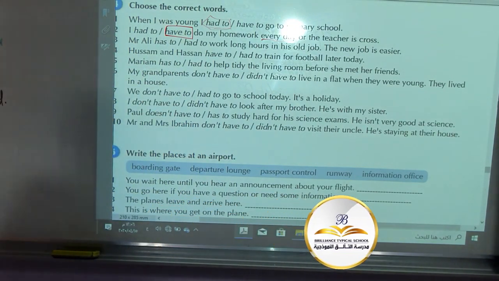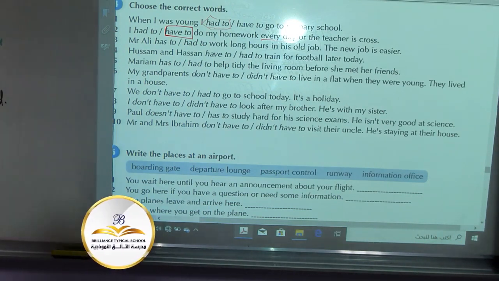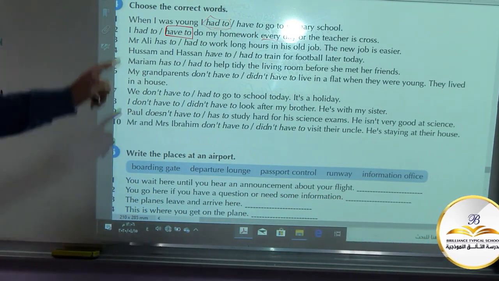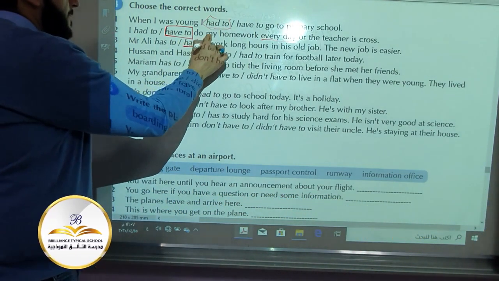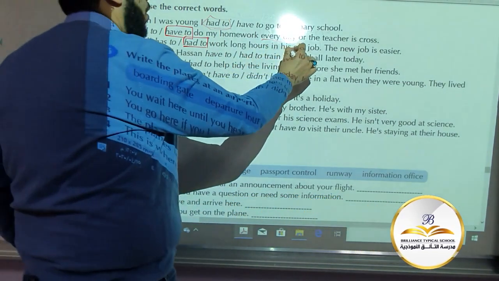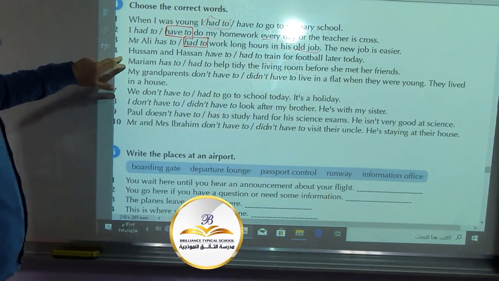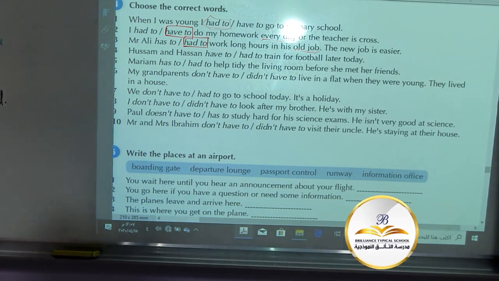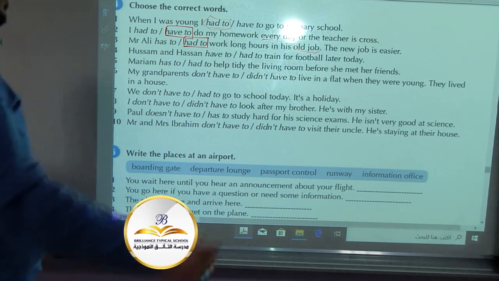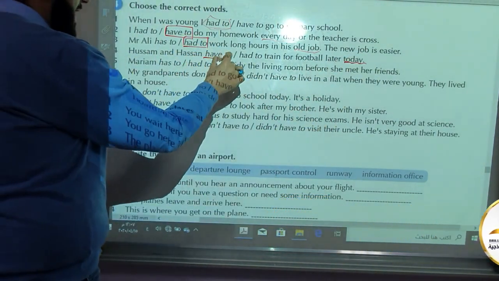Okay, Mr. Ali had to work long hours in his old job. The new job is easier. Here I'm going to choose had to because we have old job. Here that refers to the past. Hussam and Hassan have to train for football later today. So also here we have today, so it refers to the present, so have to.